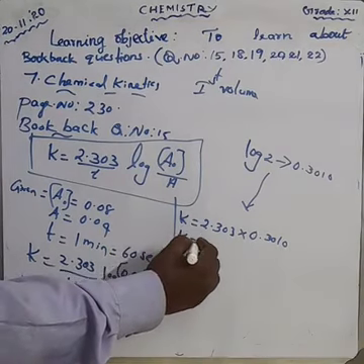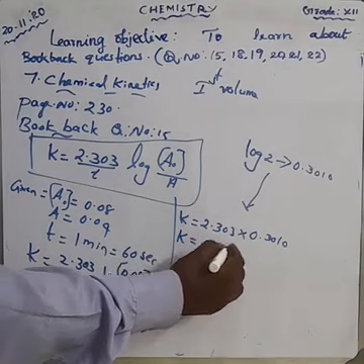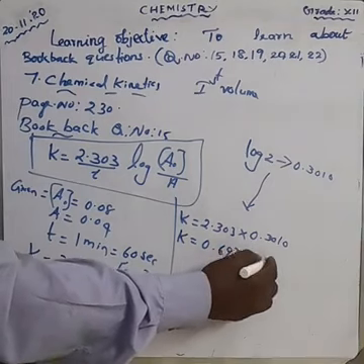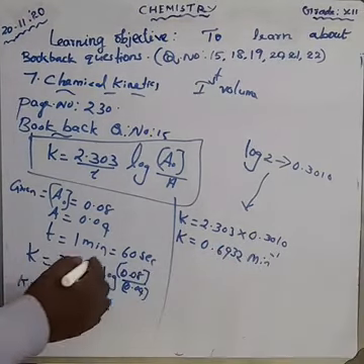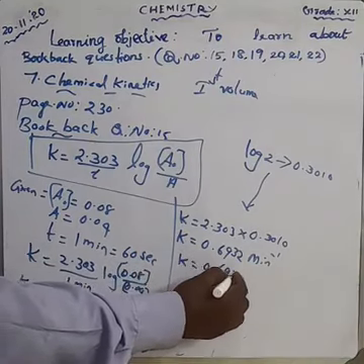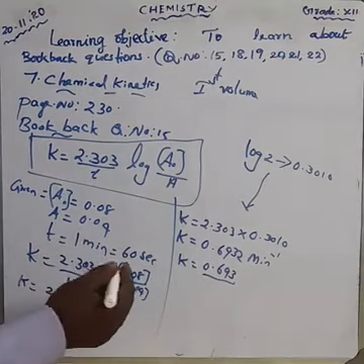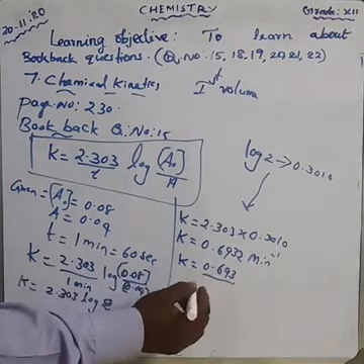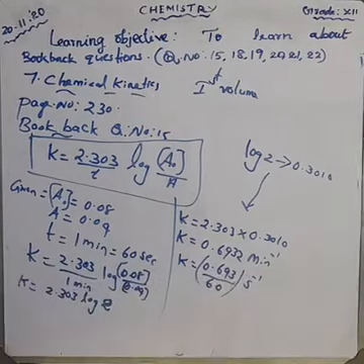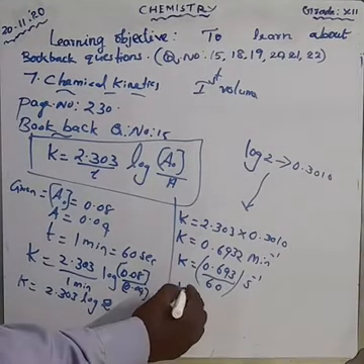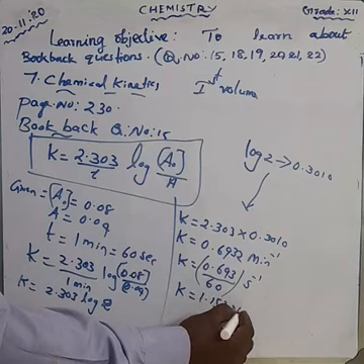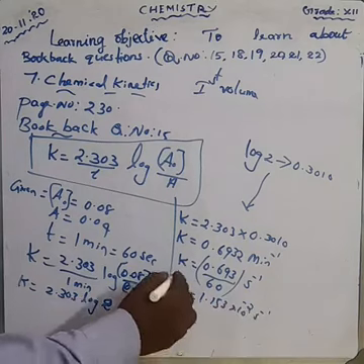K is equal to 0.6932 minutes inverse. Then we have to convert to seconds, so divide by 60. That is second inverse. Then K is equal to 1.153 times 10 raised to minus 2 second inverse.